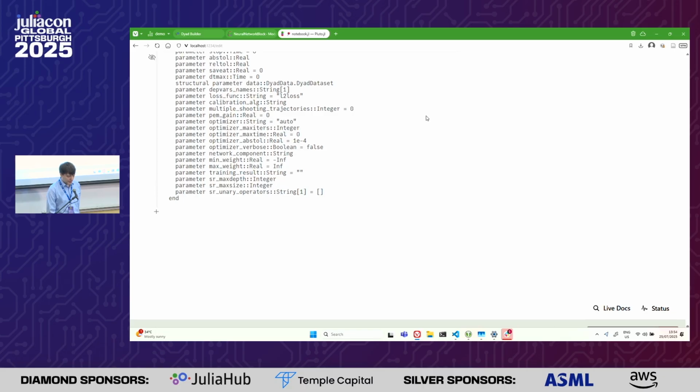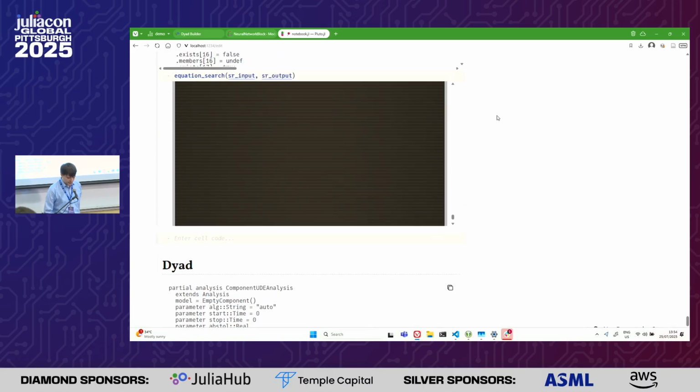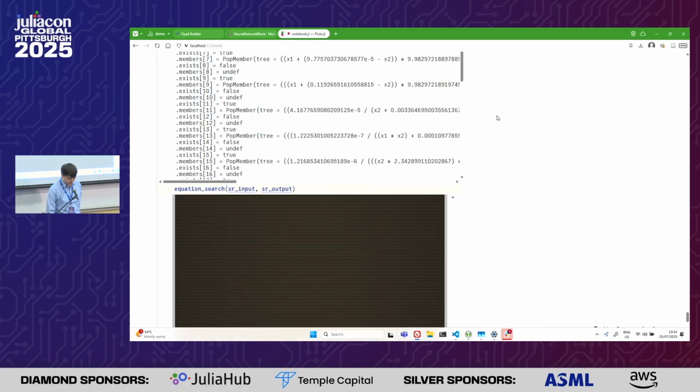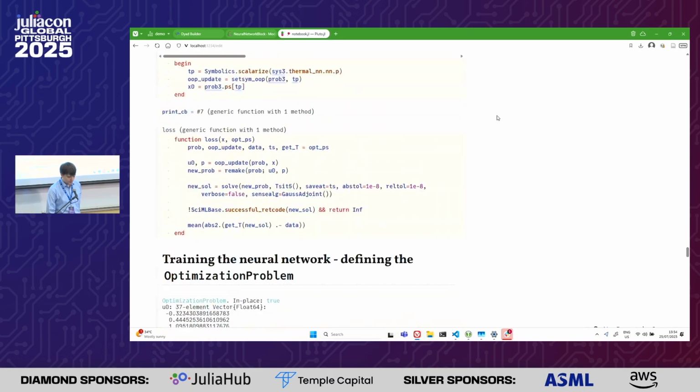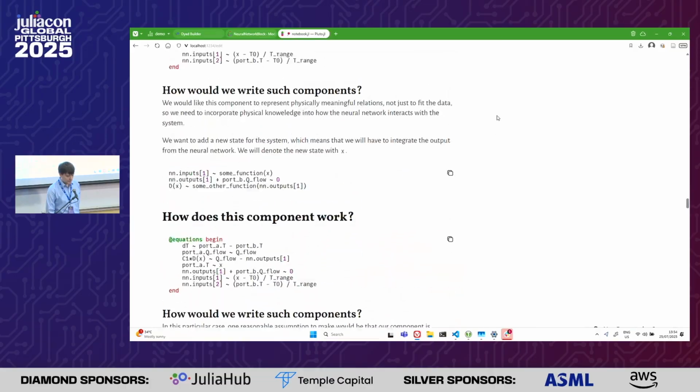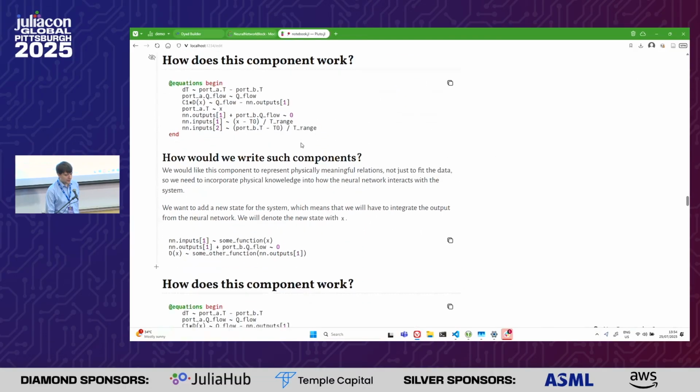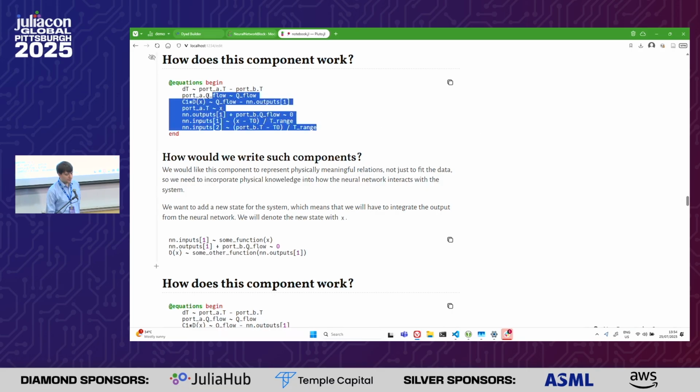So here the important part is, let me see if I can go back to the slides. The playing around was this: how does this component work? The equations here, you can write the way that the neural network interacts with the rest of the system in many ways, and you can get a lot of variants to fit, but you have to think about what physical constraints apply to the system.